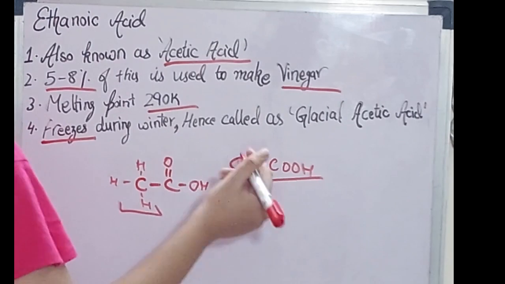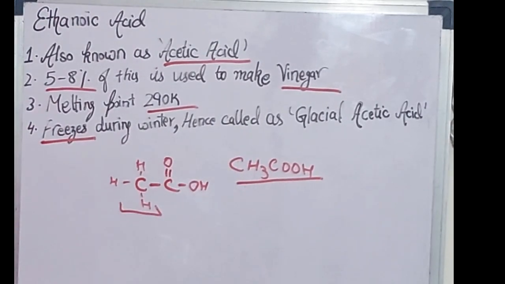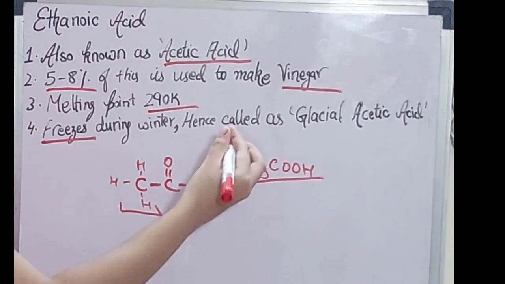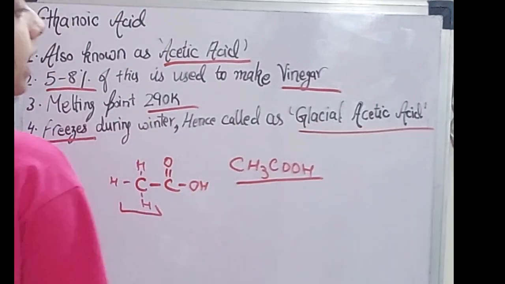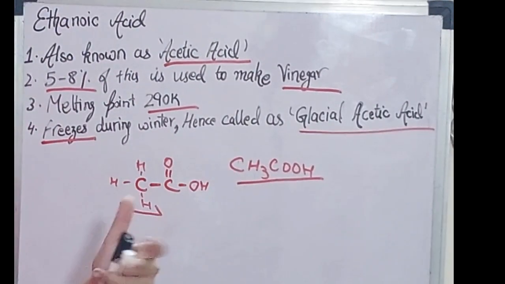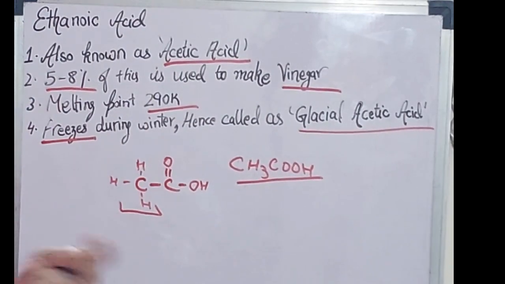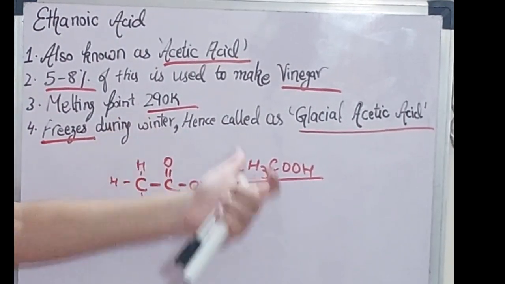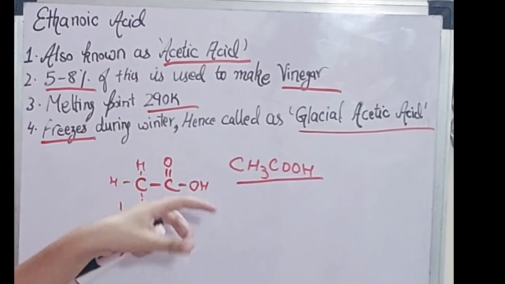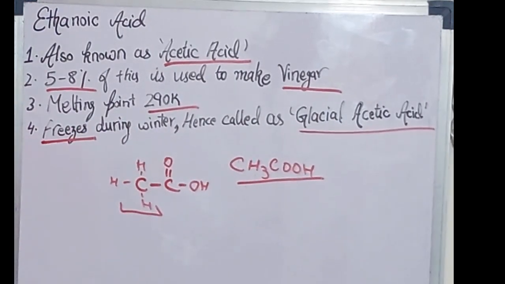That's why, as ethanol has the name anti-freeze liquid, ethanoic acid has the name glacial acetic acid. Glacial, the ice kind of thing, glacier. So in the same way, when it freezes, we call it glacial acetic acid because it freezes very easily.